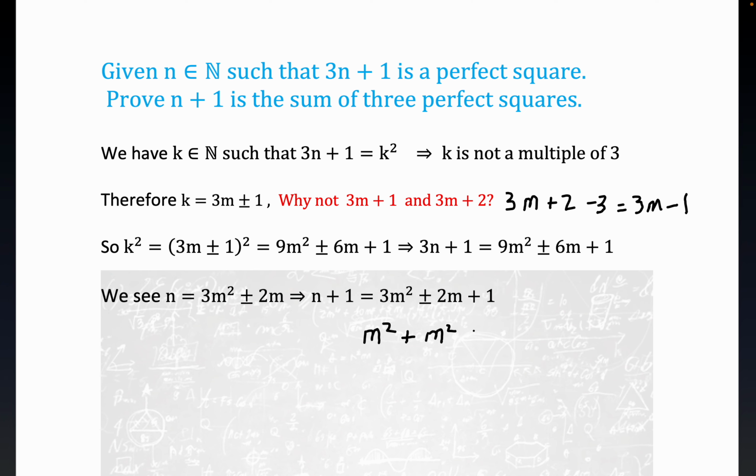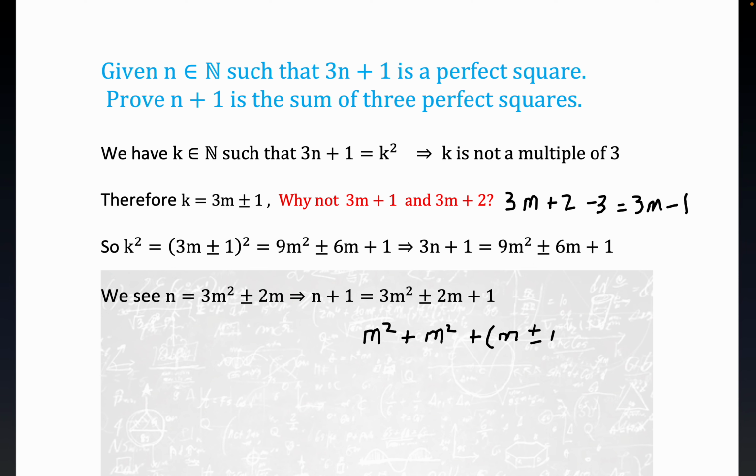So let me write that down. Plus, what do we have here? M plus or minus 1 squared. And that's a perfect square, and it's 2 different ones, in fact. Quantity squared, folks. That's quantity squared.